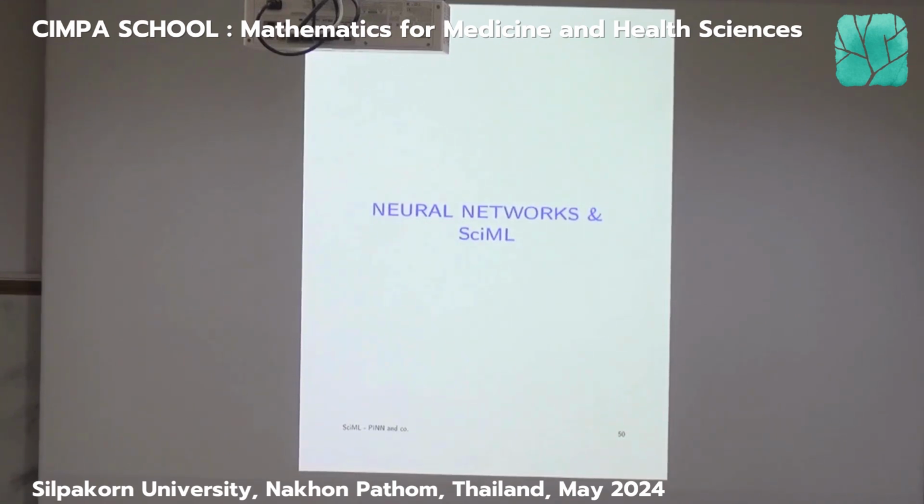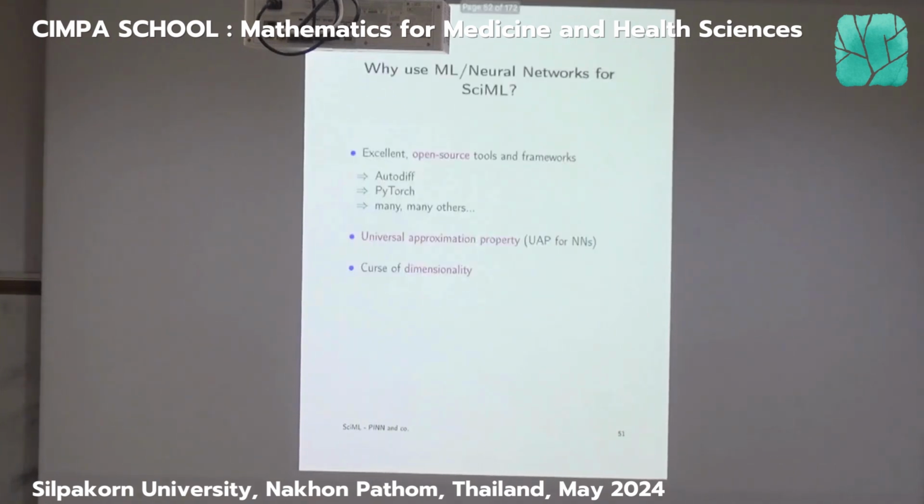In other words, we just need data. To find f, you just need data, right? You don't need any theory, okay? Anyway, neural networks are exceptionally good at doing this. We have open source software, and neural networks possess what is called the universal approximation property. This is a theorem in approximation theory that was proved at the end of the 80s, 1989, 1990.